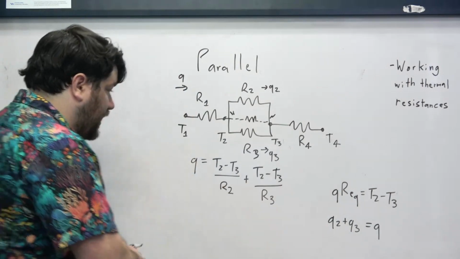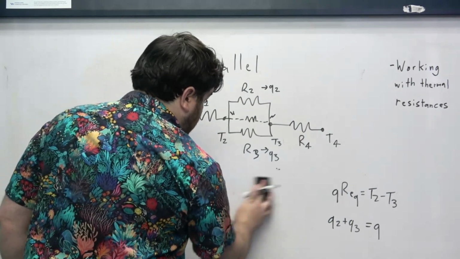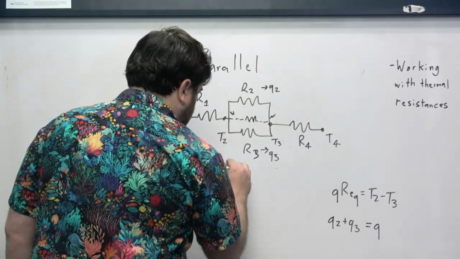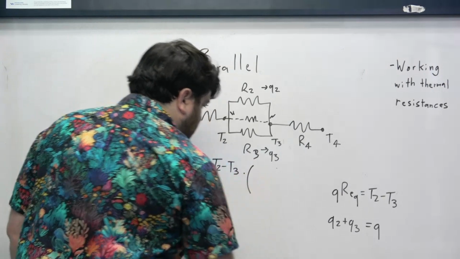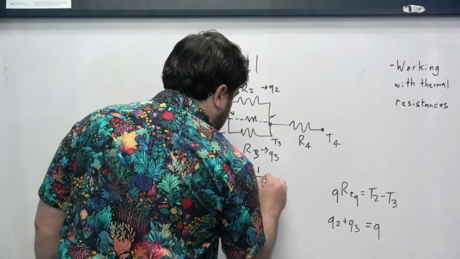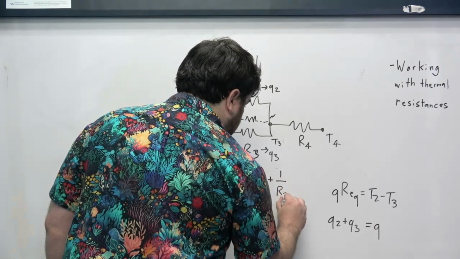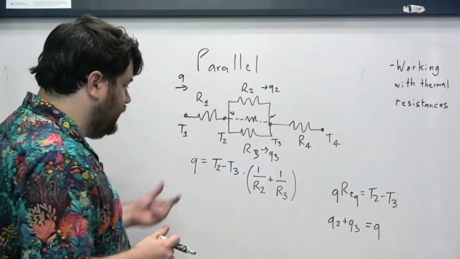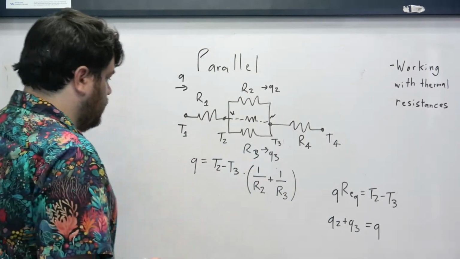I can, of course, combine this into a single term, because I can just say, well, this is just T2 minus T3 multiplied by 1 over R2 plus 1 over R3. Okay? It's the same expression, I just factored out the delta T.